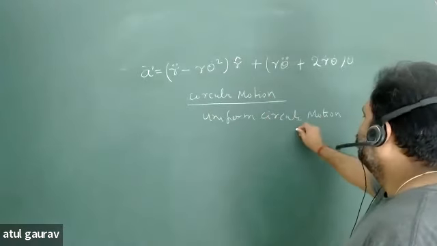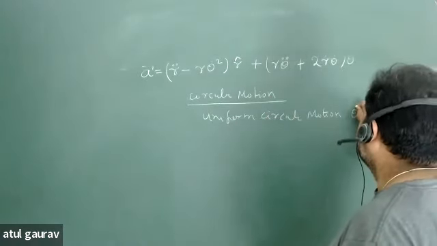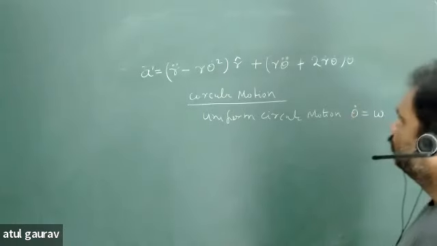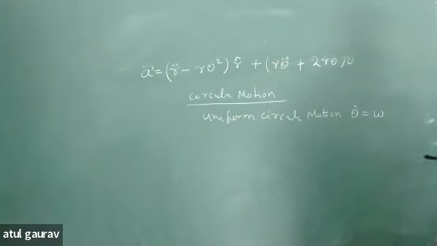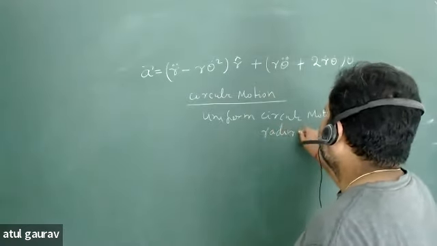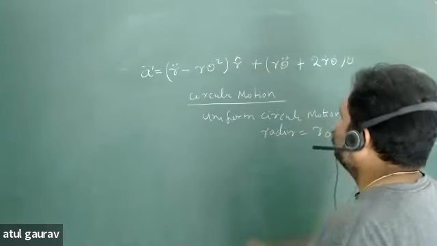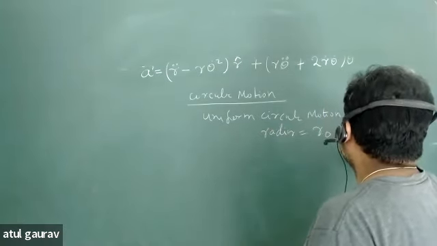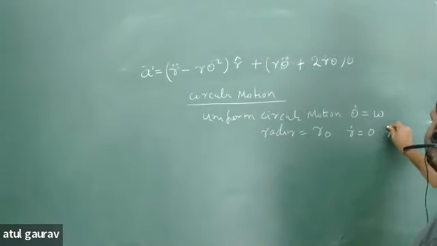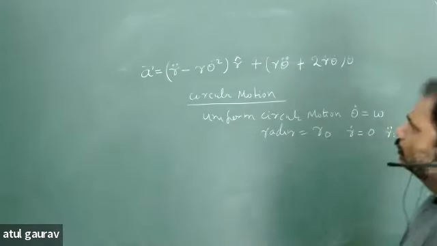Theta dot is constant. Very good, theta dot is omega, that is constant. If it is uniform circular, I can assume the radius of the circle is r naught. So r dot is equal to 0, and r double dot is also 0.